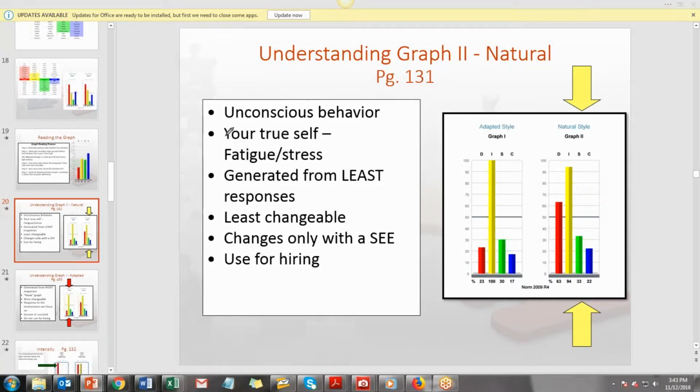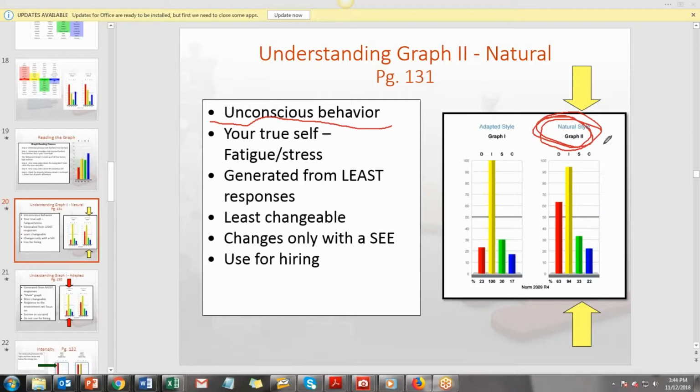Graph 2 is your unconscious behavior. Now, if you're walking down the street and I run up behind you and yell and scare you, you're going to revert back to your natural style. So if you're a high D, you may turn around and hit me with a 2x4 because you're going to attack the problem.